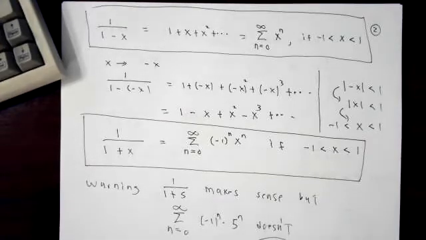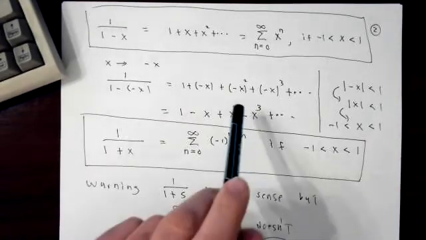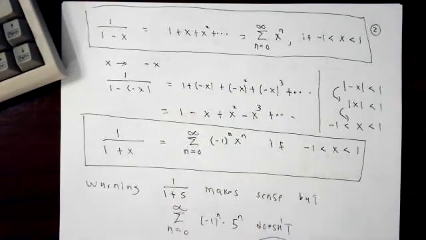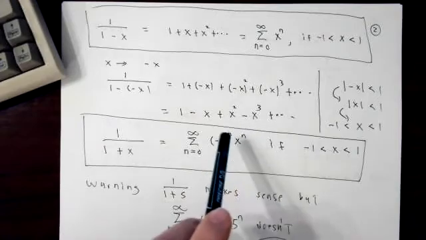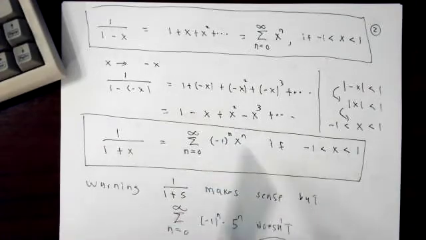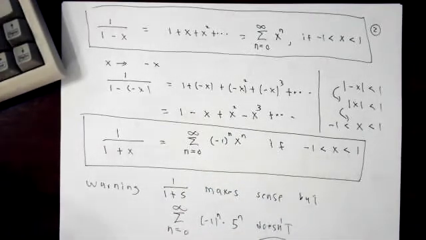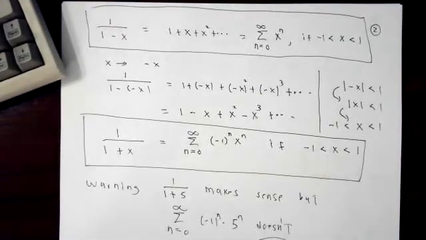If the power on the x is even, for instance, negative x times negative x, the minus signs will cancel out, and I'll have, for that term, for instance, plus x squared. If the power on the negative x is odd, though, I'll have an extra negative sign left over after I cancel out whatever can be canceled out. So my series is going to be 1 over 1 plus x is 1 minus x plus x squared minus x cubed, and so on.